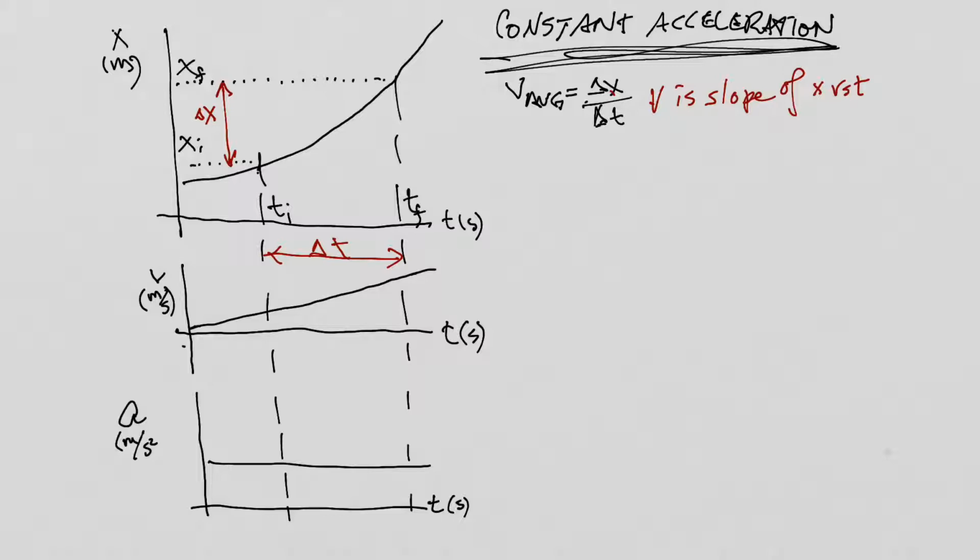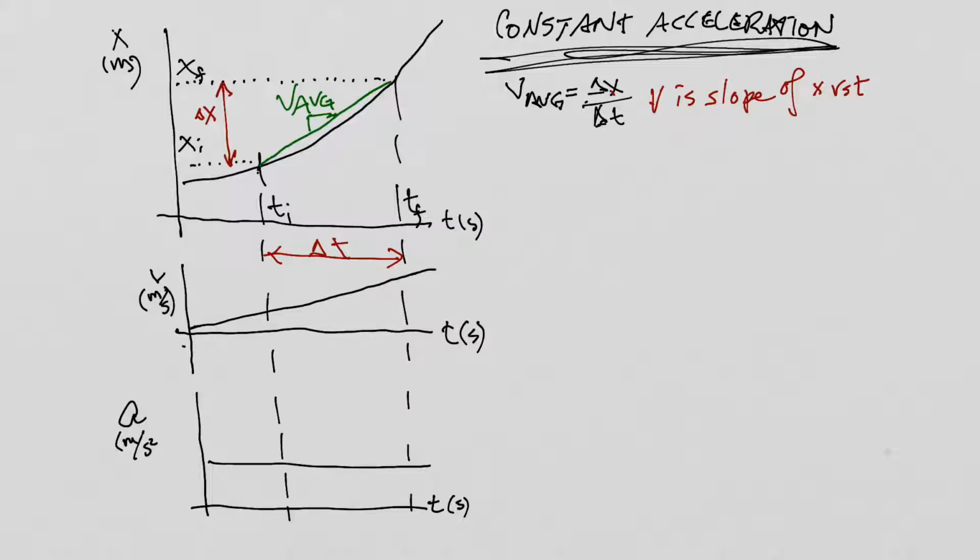And if I was to apply this formula to this complete interval, then I would get a line that starts here and goes to there, and the slope of that line would be my average velocity. However, the object is actually not usually at that velocity, it's at a different velocity.